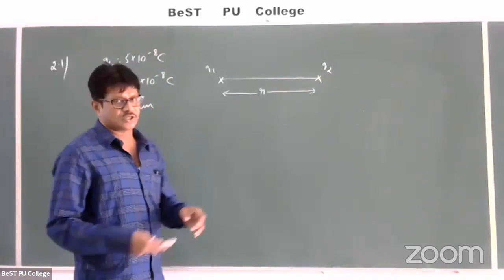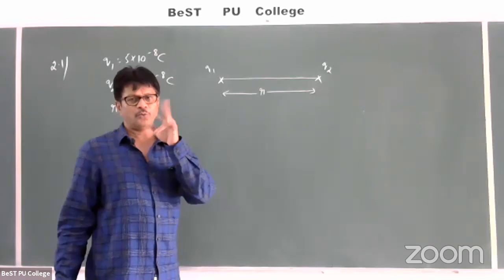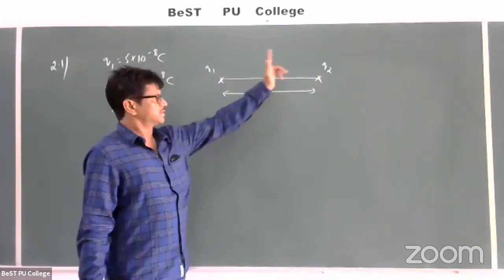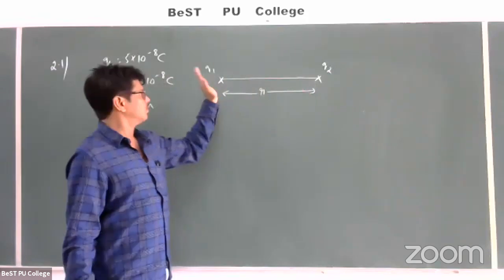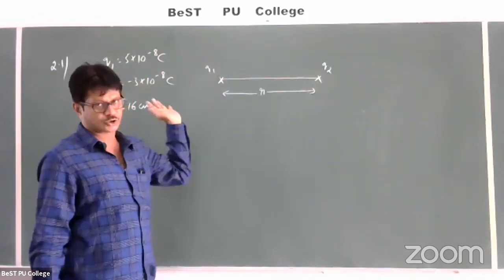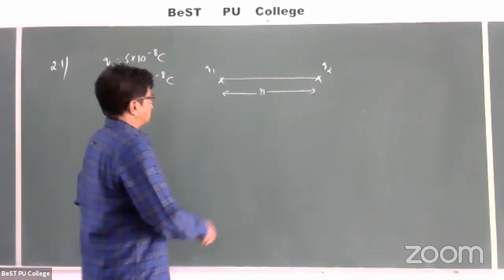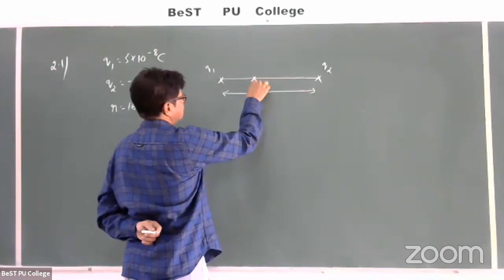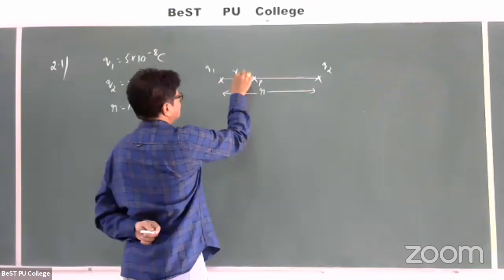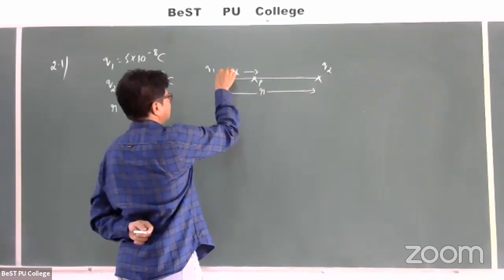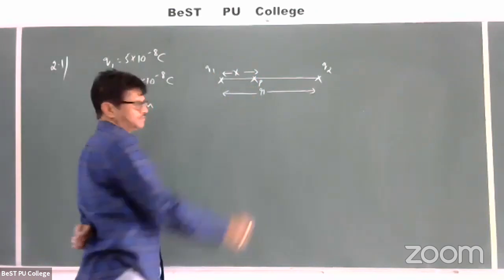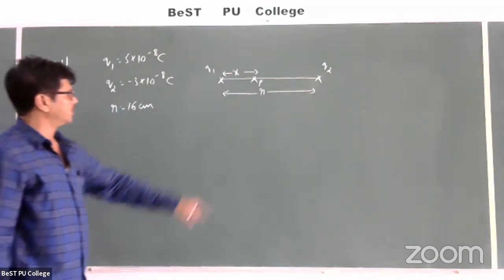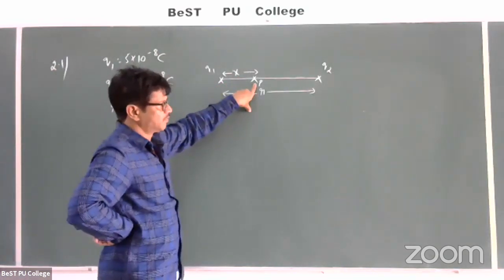As we discussed already, at 2 points the electric potential will be zero. One is between these two and one is outside of those two. So first case I am taking at the point P, which is at a distance of x, the electric potential is zero.